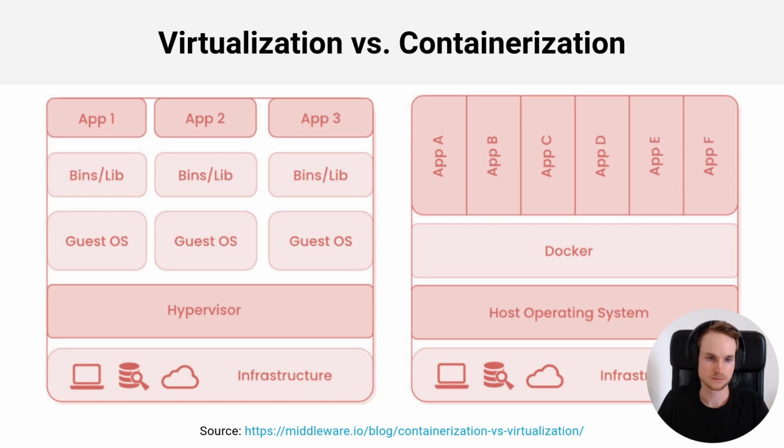This picture gives again an overview of the comparison between virtualization and containerization, which clearly highlights that we now don't have a guest OS for each application, but rather we only ship application code and dependencies without an additional guest operating system.